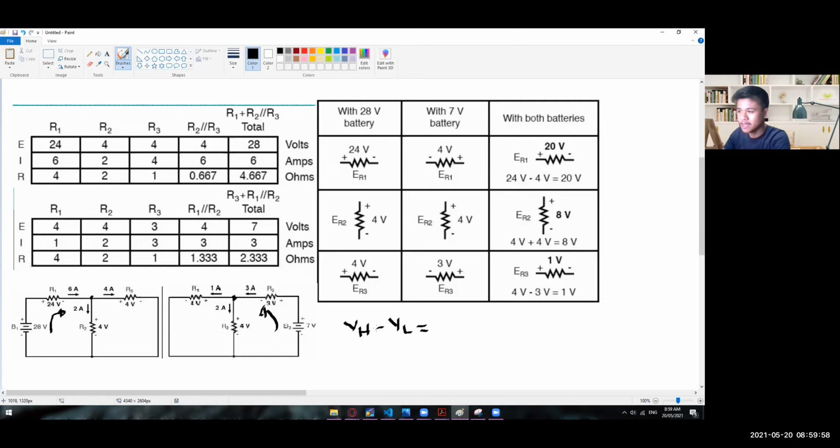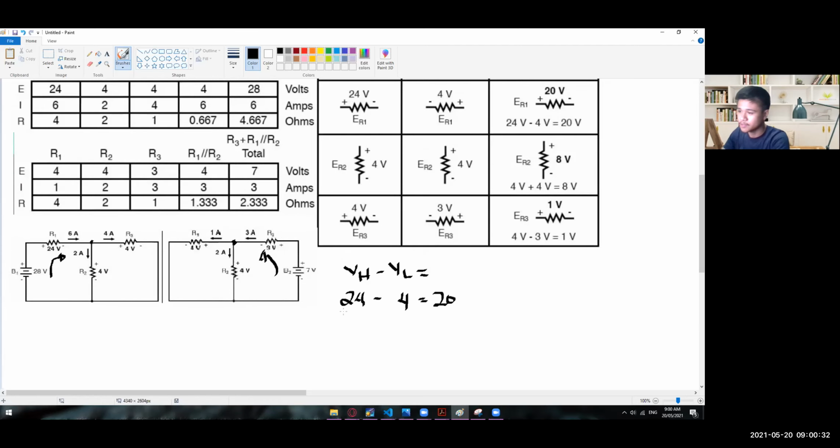Higher voltage minus lower voltage. So in here we have 24 volts. Yeah, 24. So we have here 24 minus 4 volts. Okay, so there you go. 24 minus 4 is equal to 20 volts. So the one that dominates this node A right here is the left side, wherein the final value of this one is 20 volts.